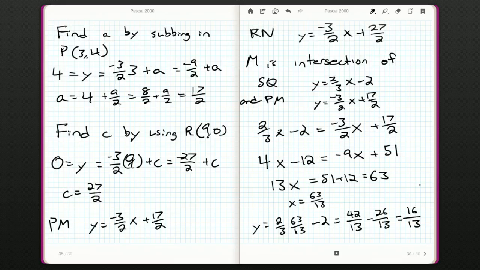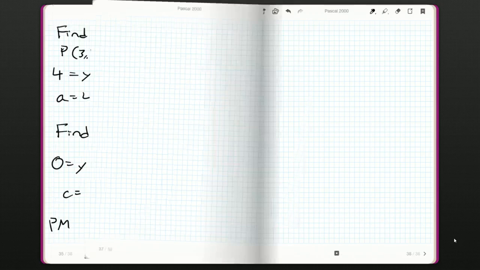And we do get 16/13. So M is at 63/13, 16/13 high.